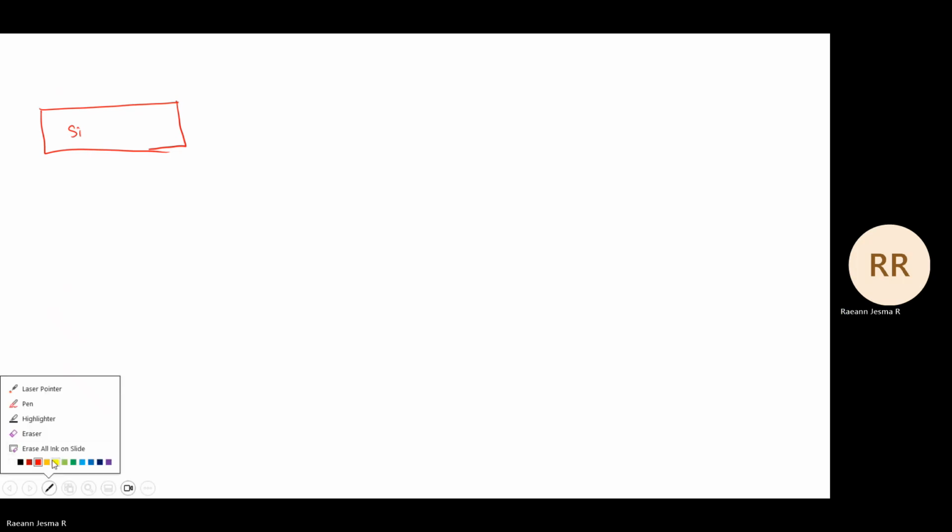So let's say I'll draw a cross section of a cantilever. So silicon. Okay. This is gold.